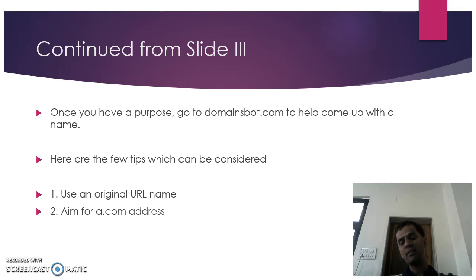I would suggest that you follow the steps which have to be taken into consideration. Tip number 1 is you have to use an original URL name, and tip number 2 is you have to aim for a .com address.